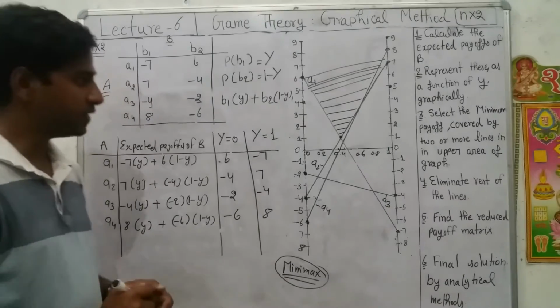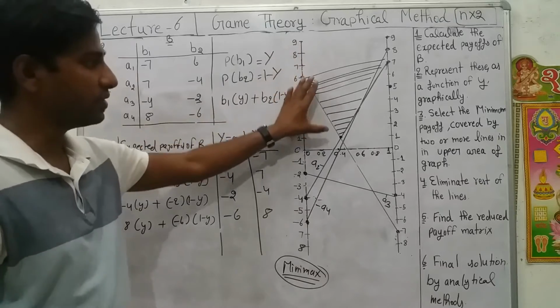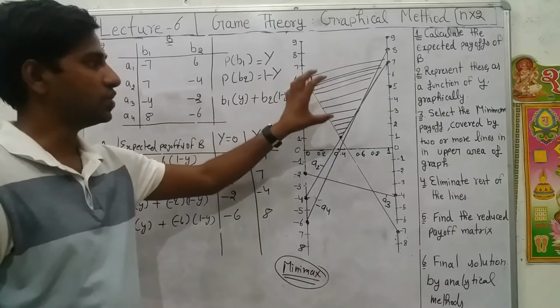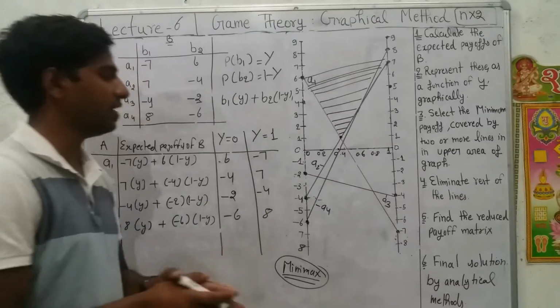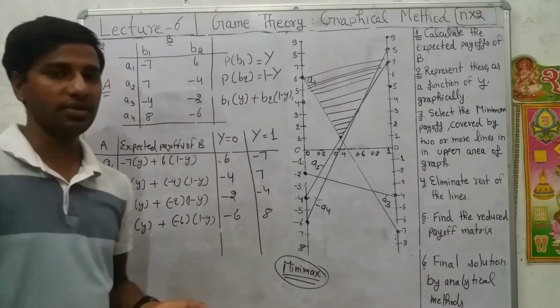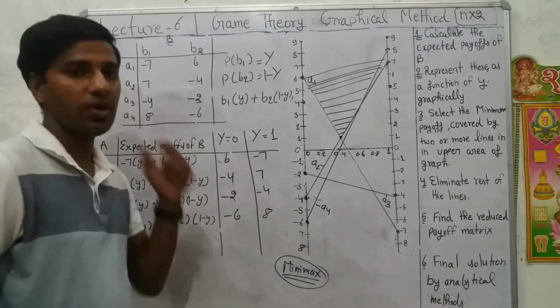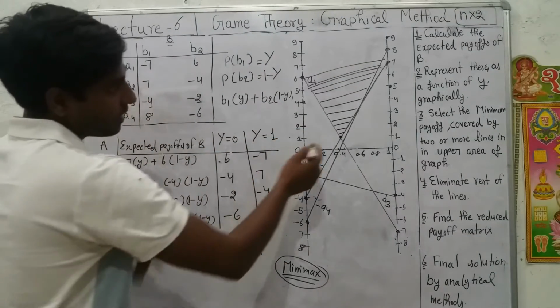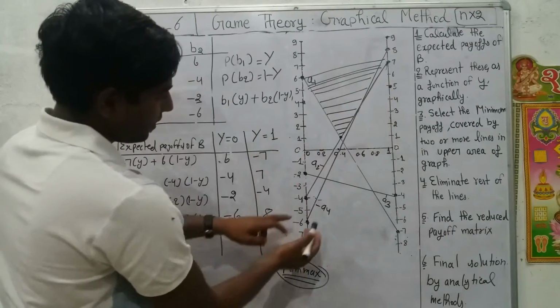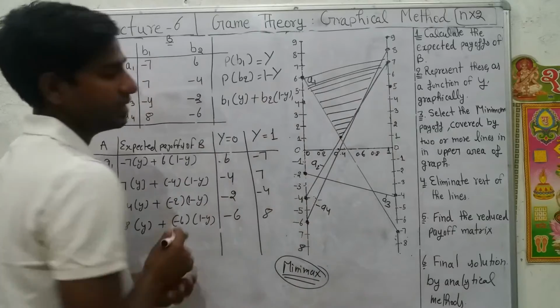So in this type of situation, first locate the maximum values, which are shown in an area formed by two or more lines. In this question, it is covered by three lines, A4, A2 and A1.